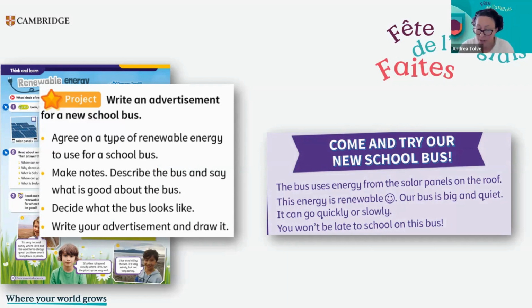So this model is helping learners understand the content. So it's helping them understand what renewable energy is and why it's good. And the language, so here we've got short sentences, it's a positive tone, it's got persuasive language, and the purpose is to advertise something. Yeah?